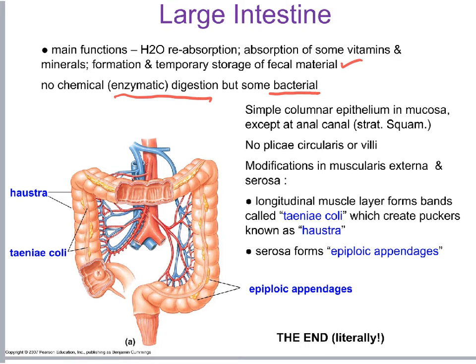The large intestines are still lined with simple columnar epithelium, with the exception of stratified squamous right at the anal canal. Unlike the small intestines, there are no plicae circulares or villi. So this kind of tells you, hey, you don't see those folds in the submucosa and the mucosa anymore.